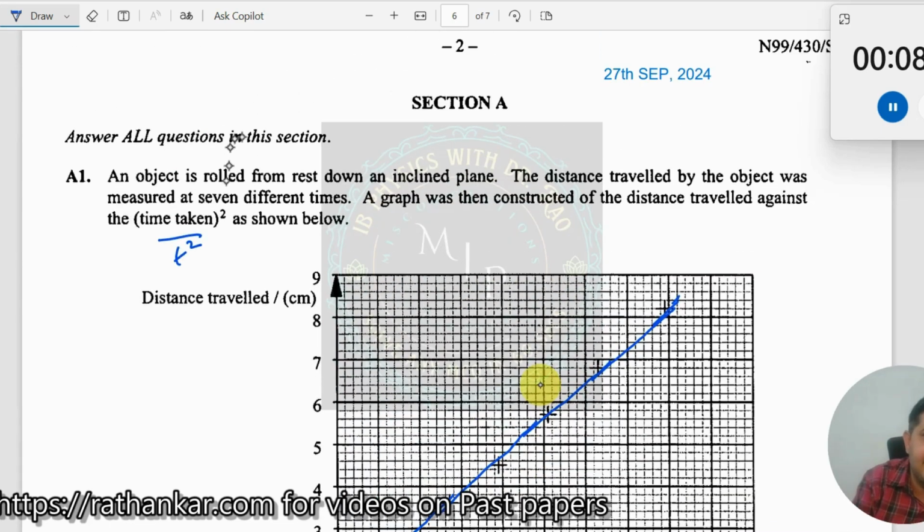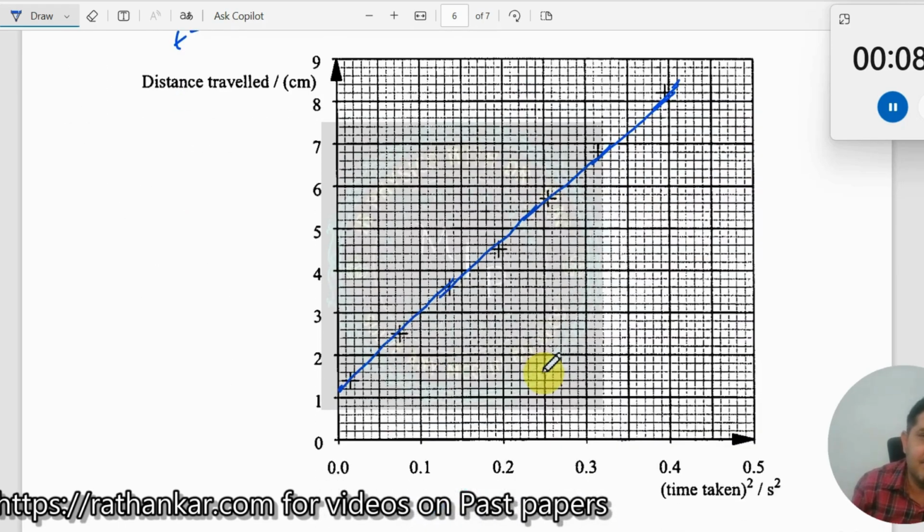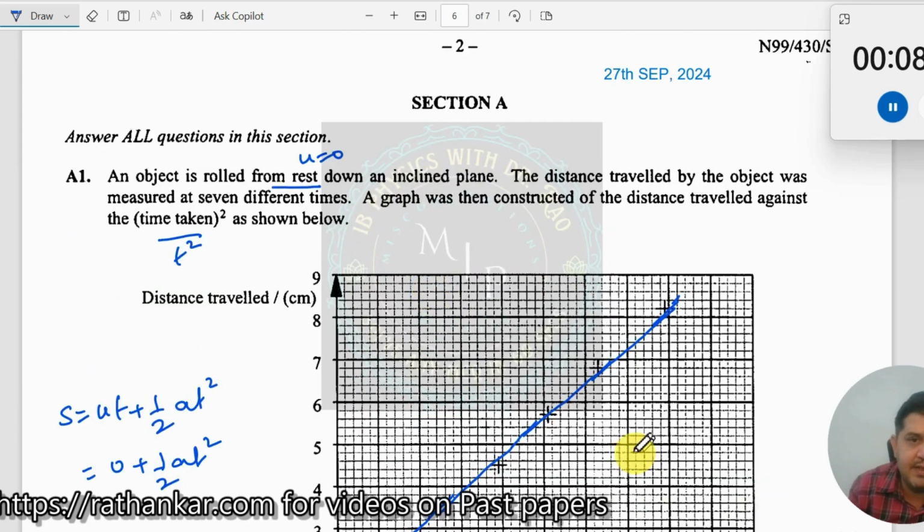It says it's rolled from rest, which means initial velocity is 0. So this corresponds to your equation s equal to ut plus half at square. Now if u is equal to 0, this becomes half at square. Is the angle of the incline given? Angle of the incline is not given.